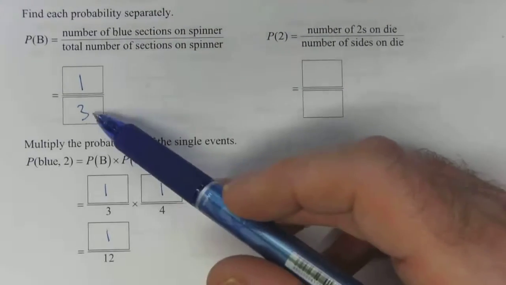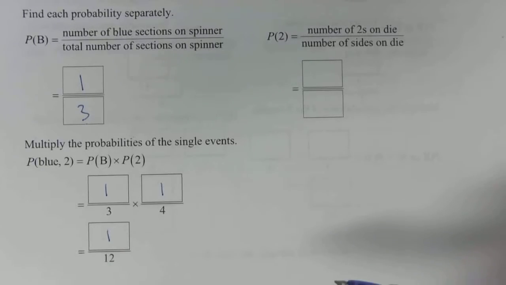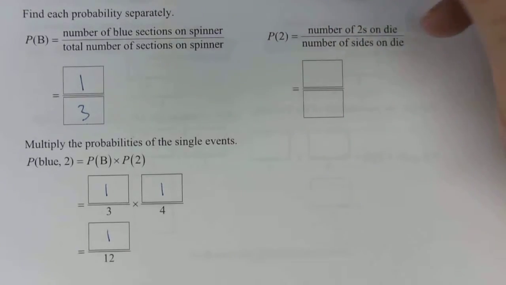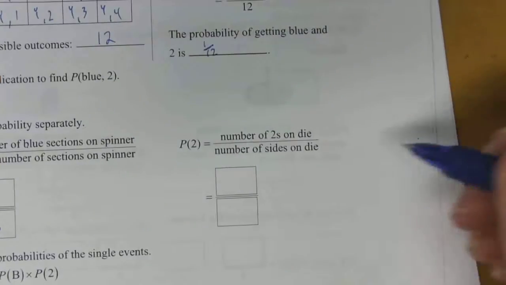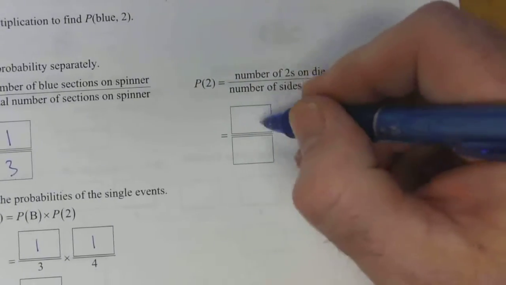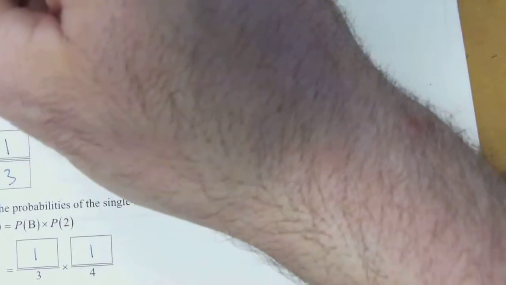So you can take each individual one to figure out the combined. You don't necessarily have to use your table to do that. Okay, and then this is 1 out of 4 over here. I should draw a line here.